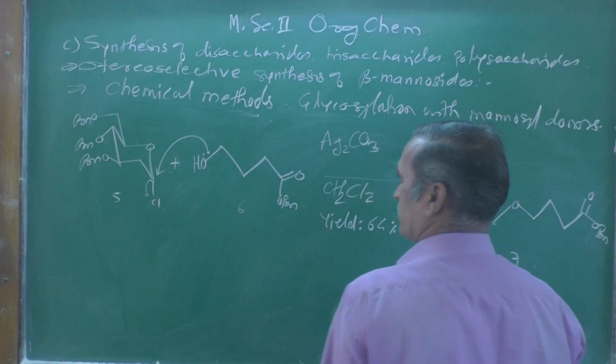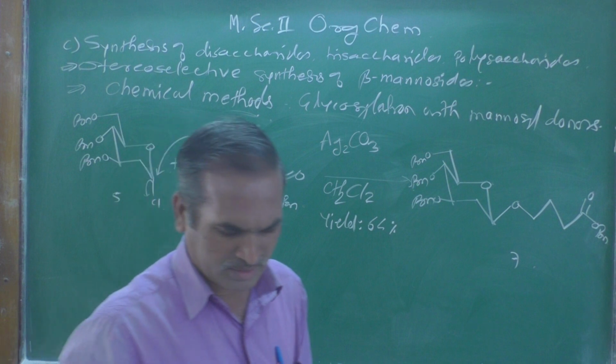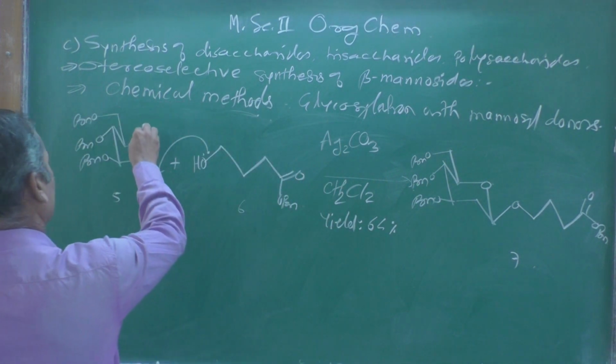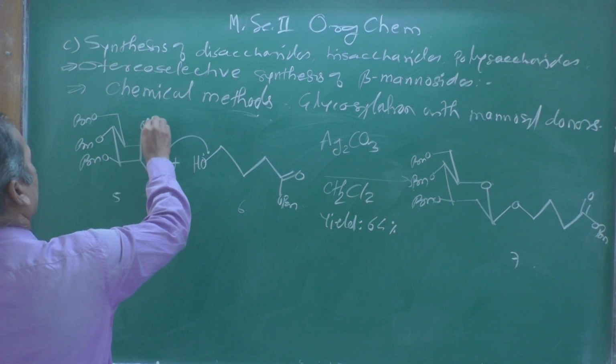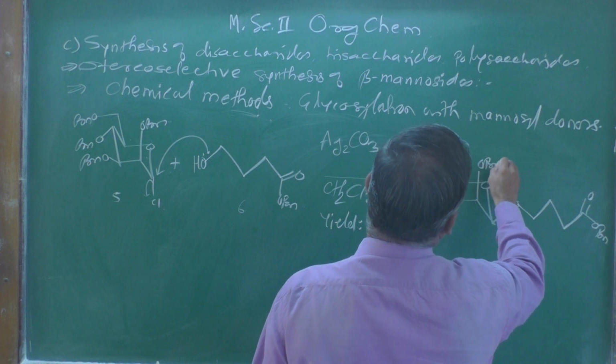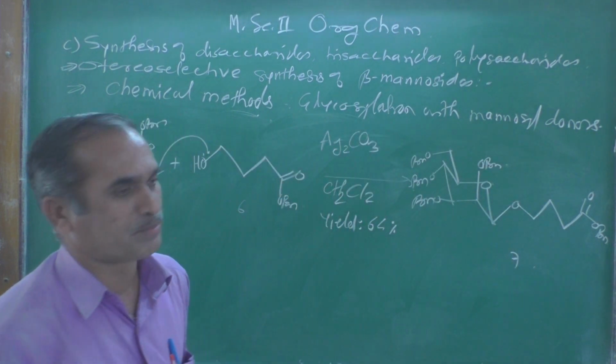Now here there is a monocyte, so we have to show over here an OBn, and that remains as it is, OBn. That is a benzylic group protection.